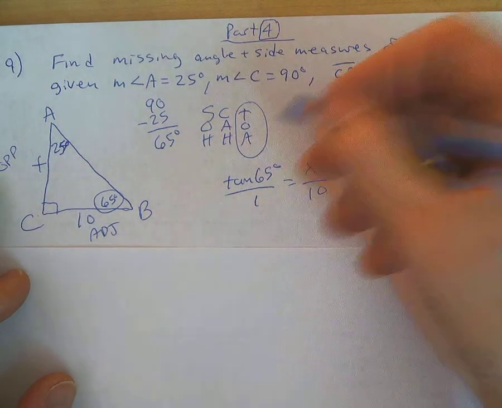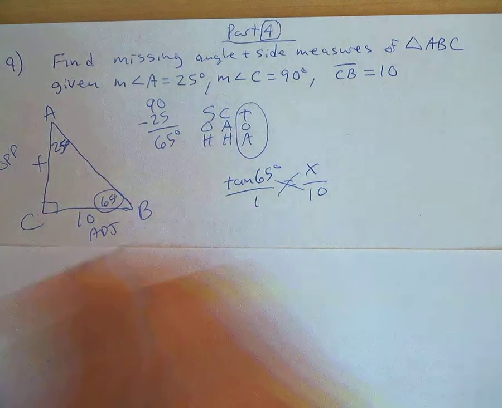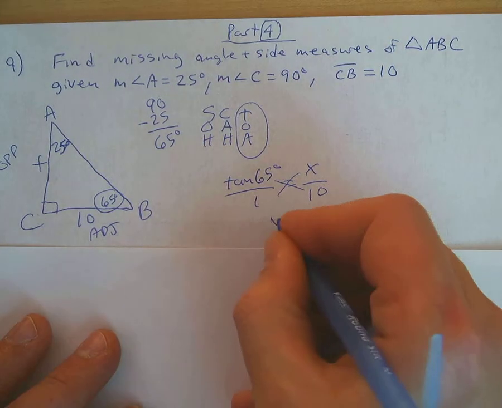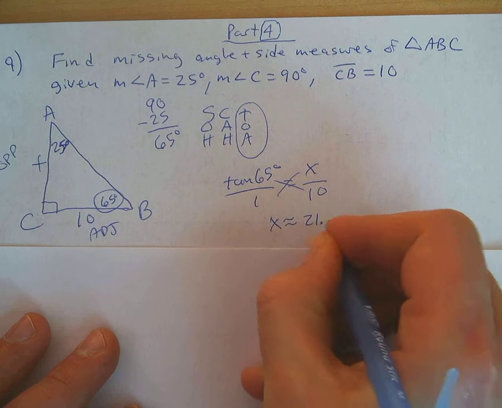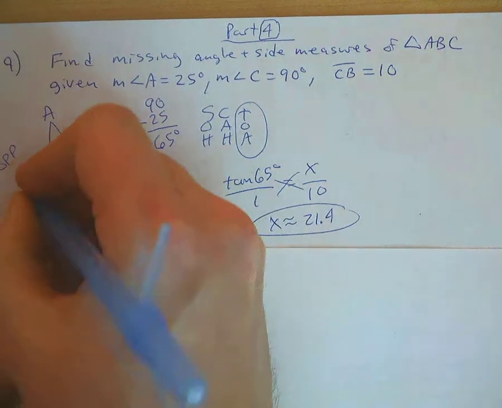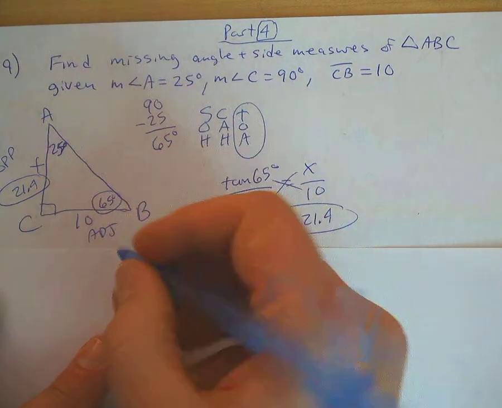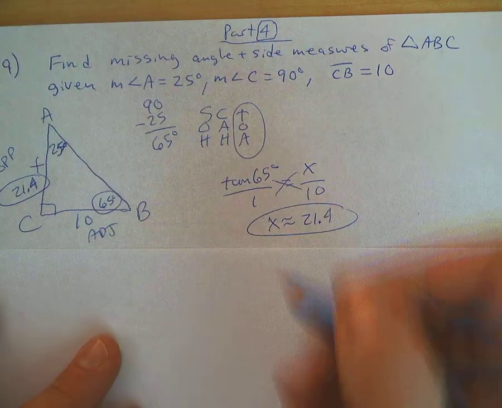Remember, it's opposite over adjacent. I can cross multiply here and take 10 times the tan of 65. And that's going to give me x is about 21.4. Now, that's the length of A to C. Again, it's not drawn to scale.